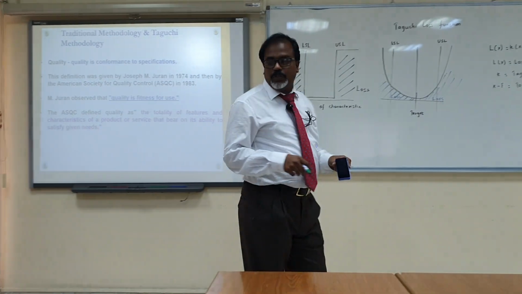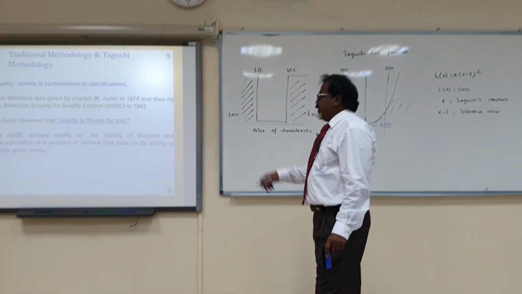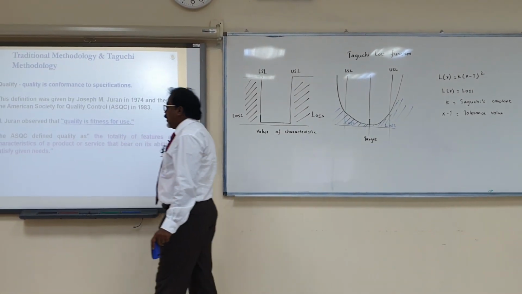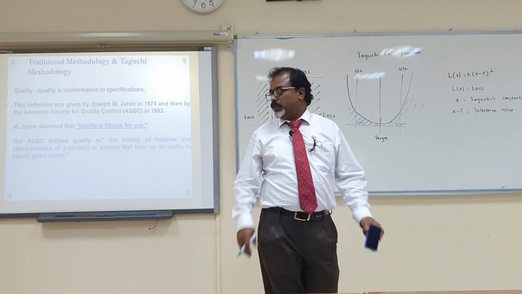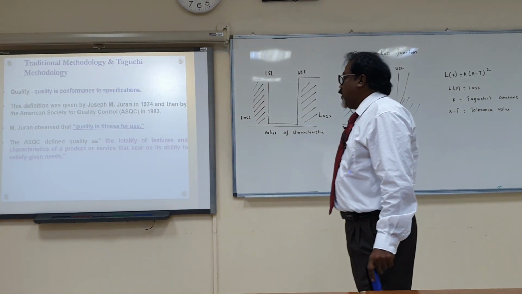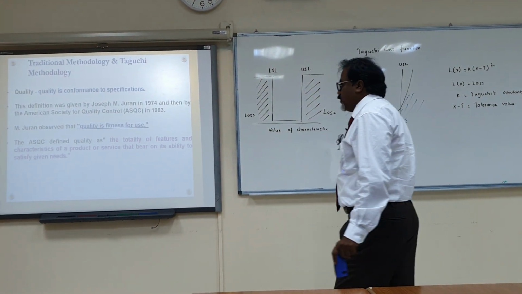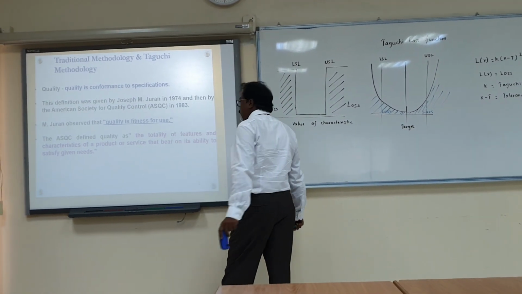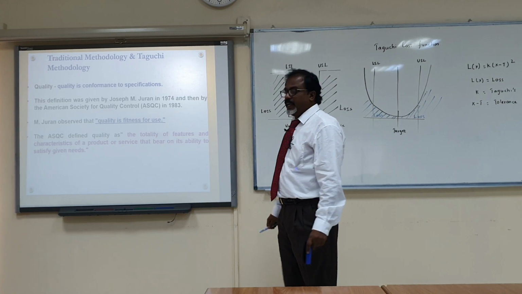Also, Mr. Juran observed that quality is fitness for use. The American Society for Quality Control defined quality as the totality of features and characteristics of a product or service that bear on its ability to satisfy given needs.